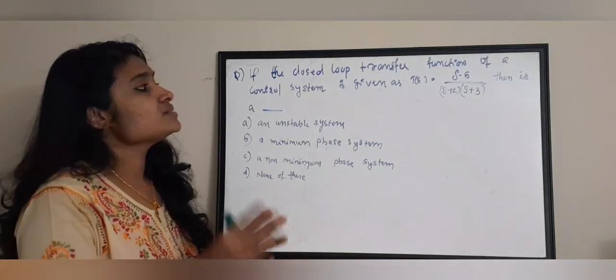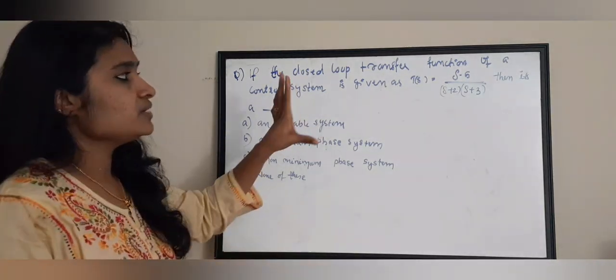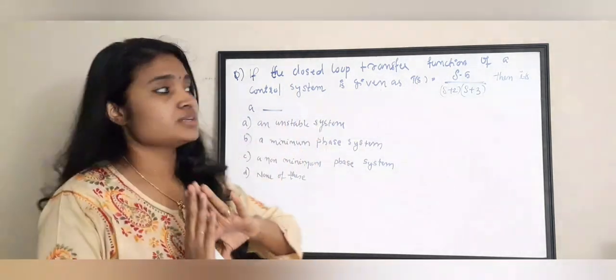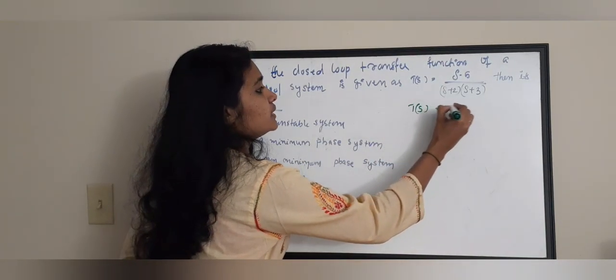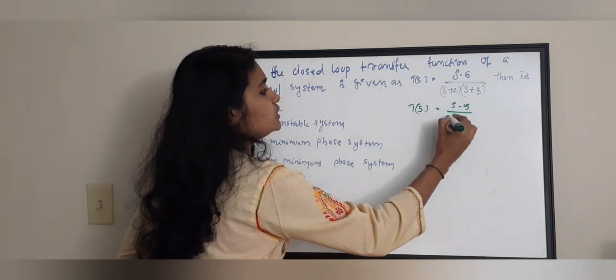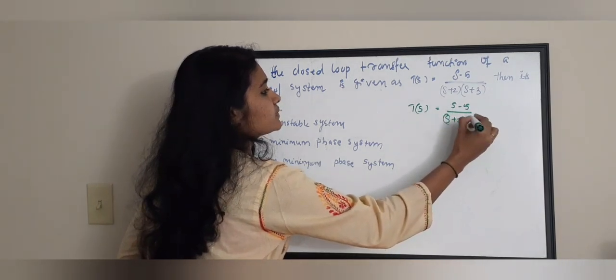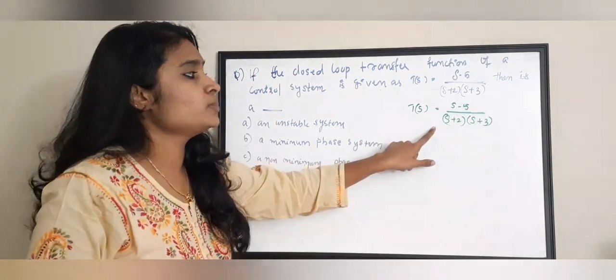Now, in order to answer this question, you should understand some things first. So here we are given the transfer function, right? T of s equals s minus 5 by s plus 2 into s plus 3. This transfer function has a numerator and a denominator, right?